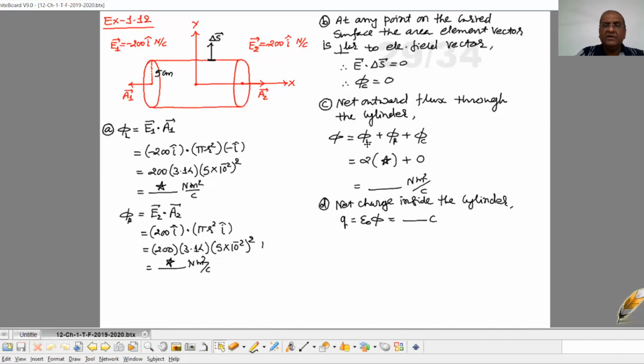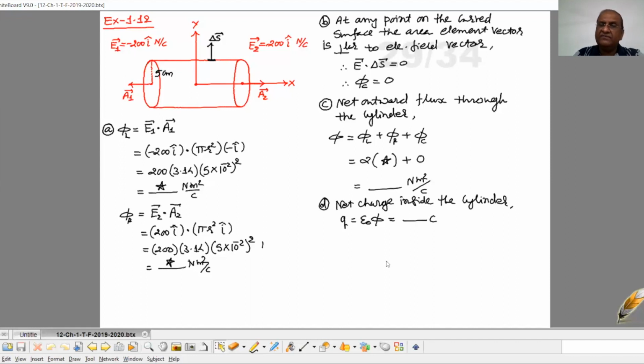For the left and right flat faces the flux is the same, so we can write 2 times whatever answer is calculated for left or right, substitute it, and the flux passing through the cylindrical surface is 0. Now we will get the net outward flux through the cylinder.